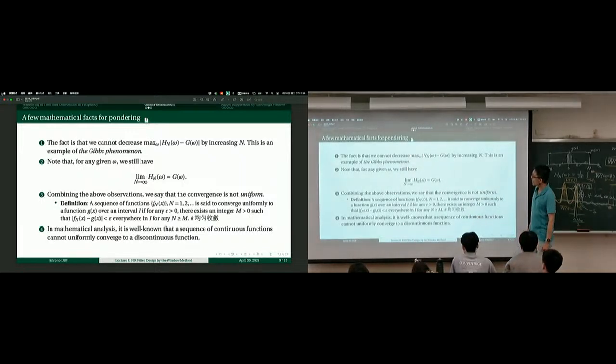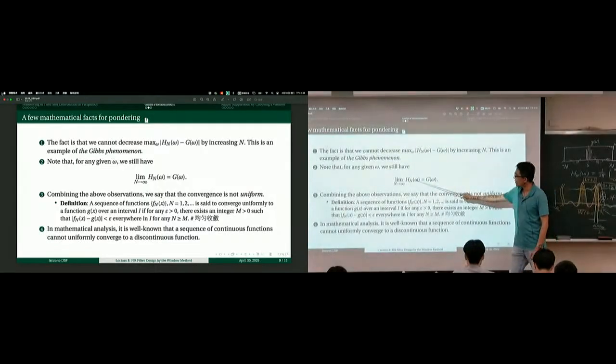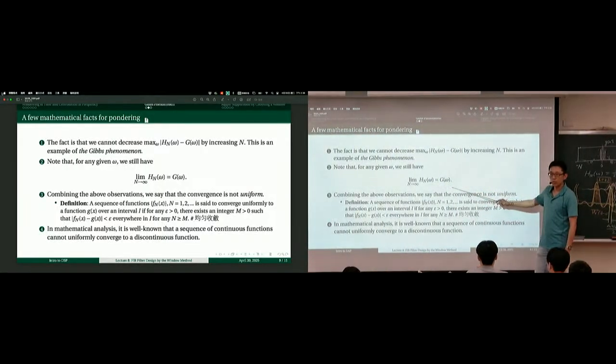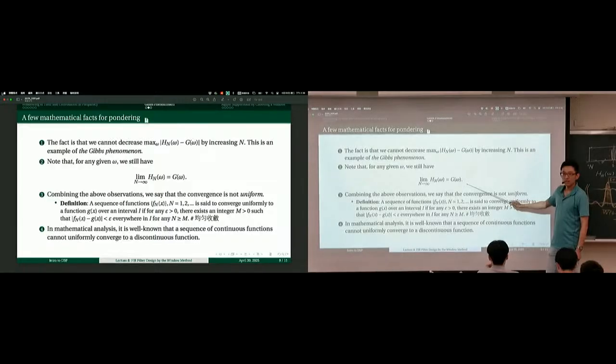What is it? We need to understand, but notice one thing: the limit of Hn approaches G everywhere. Is it still true? That's a tricky question to answer.